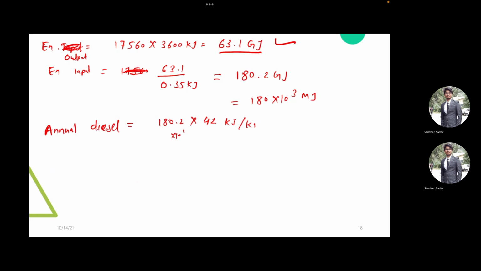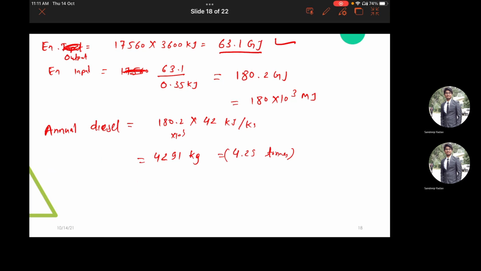It is 10 raised to power 3. Then that whole thing will be 4291 kg. That is around 4.29 tons. Let me rewrite it in a better way. I think it will create confusion.